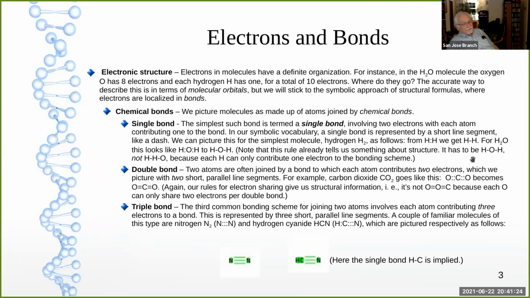So you can sort of get a feel for how much information is being conveyed just by these simple elements of symbolic language. A pair of electrons is in this bond, and the bond is the space between the 2 hydrogen nuclei.